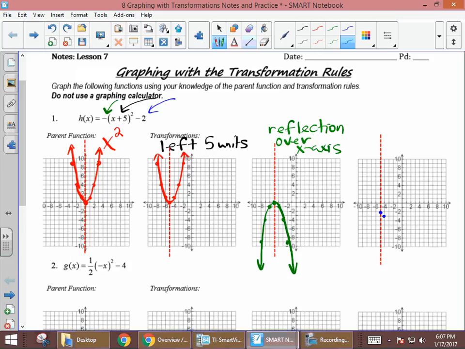And I'm going to go over 1, down 1, over 2, 2 squared is 4, so down 4, over 3, down 9, which is off of the graph that we've been provided. And there we have it. That is our final picture. You can see the vertex should be at -5, 2, opening down, and that's what we have.